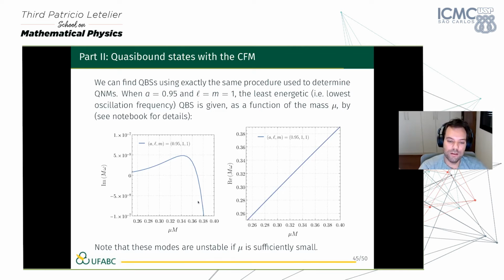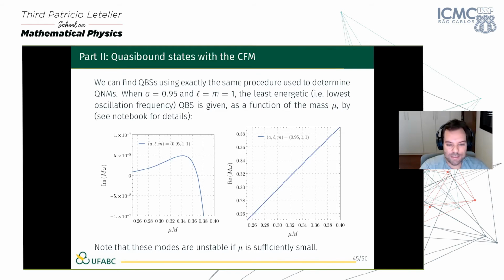And so at this point where the imaginary part of the frequency is 0, you have a stationary mode. So people usually call it a stationary cloud. It's a scalar field that is living outside your black hole, and it's there forever. It won't ever decay in time, and it won't grow in time. So it stays there forever without growing and without decaying.